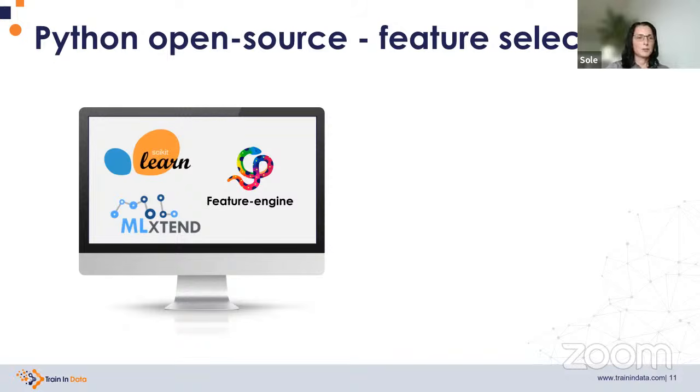And the other thing that is good about this is that there are at least 3 Python open source libraries that implement many of the feature selection algorithms out of the box. These libraries are, for example, scikit-learn, MLxtend, and Feature-engine. And what does it mean that they implement these selection algorithms out of the box?